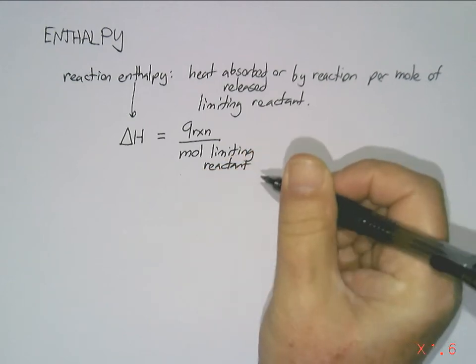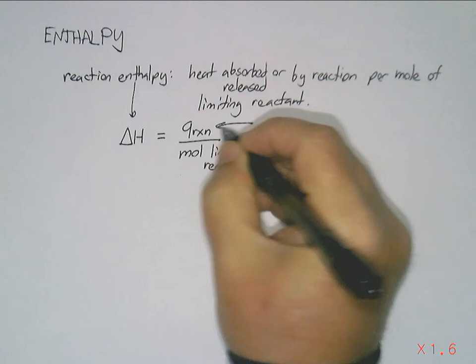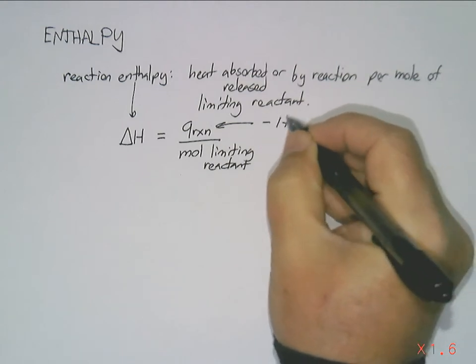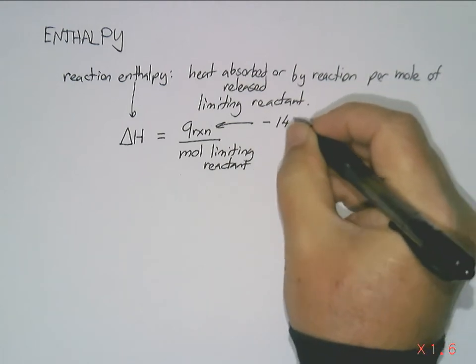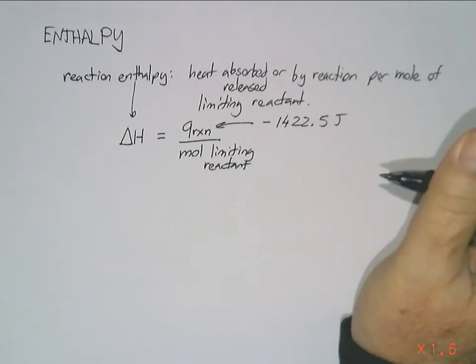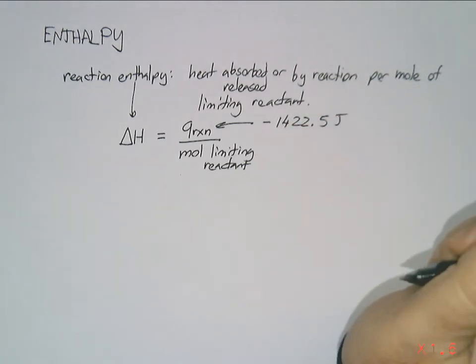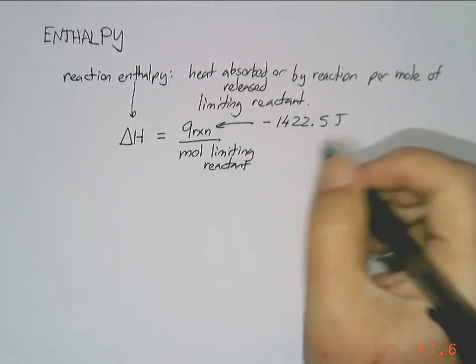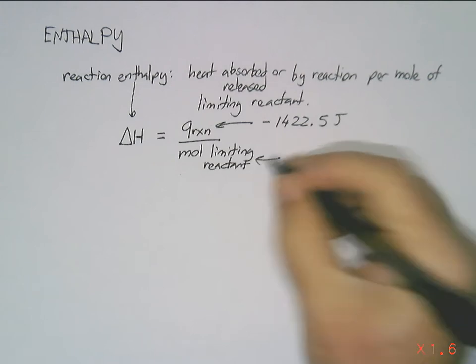In the calculation we just did, we said that this was minus 1422.5 before we rounded it off, joules. The minus sign there is going to be pretty important. Don't lose it. Now we've got to figure out how many moles of limiting reactant we've got.